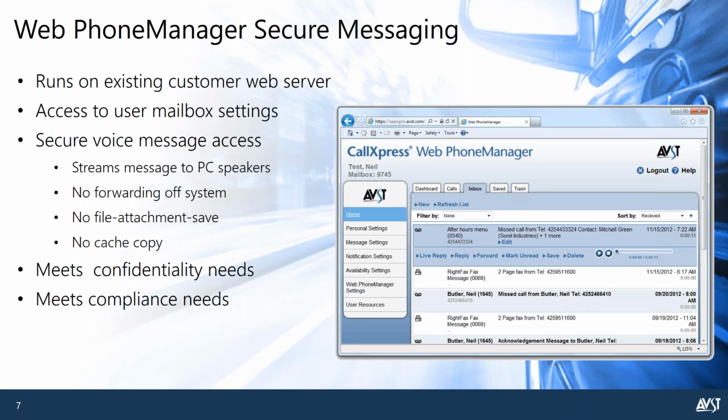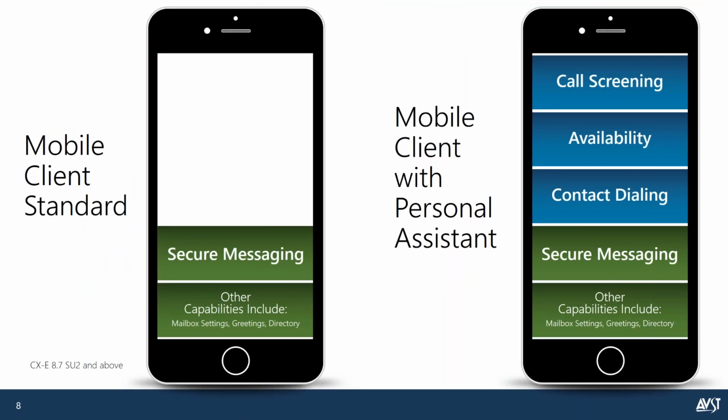Now, for those of you who might already be familiar with our mobile client, we don't want to confuse people. You can download the mobile client for free, and you get the messaging and all the other settings functionality that client does. But there is an enhanced feature set still on the mobile device that actually requires the personal assistant license.